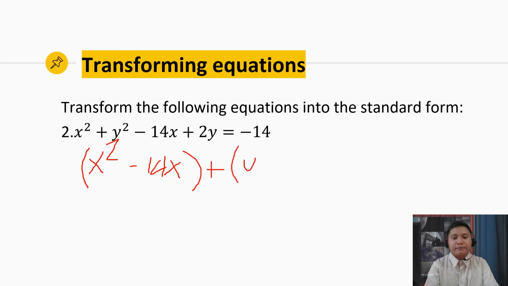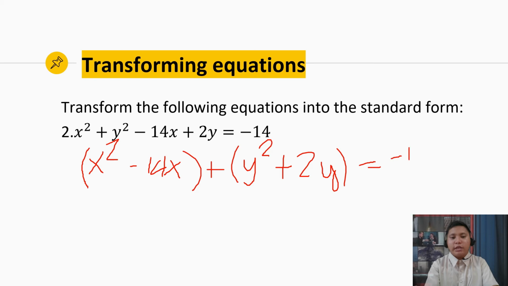Plus y squared plus 2y is equal to negative 14. Okay, very good. Next step. We'll get the perfect square trinomial for x squared minus 14x. We will divide 14 by 2. What is the answer? 7. And we will square 7. The answer is 49. Okay, very good.